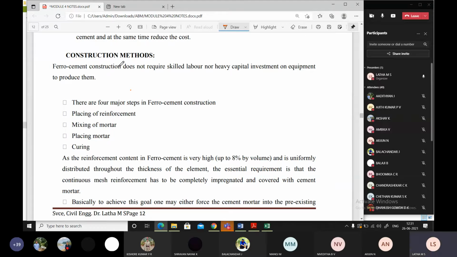What all will you do? Okay, if you don't understand, I'll ask the question directly. How do you cast the ferrocement? Yesterday you saw what the steps of construction were.